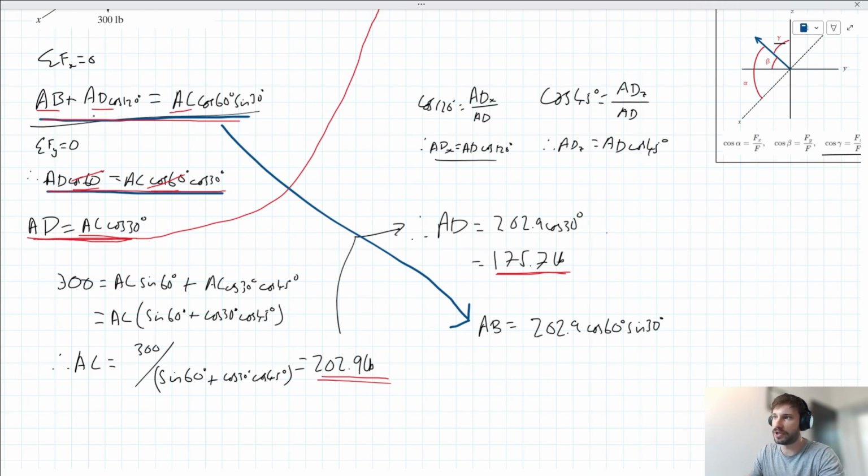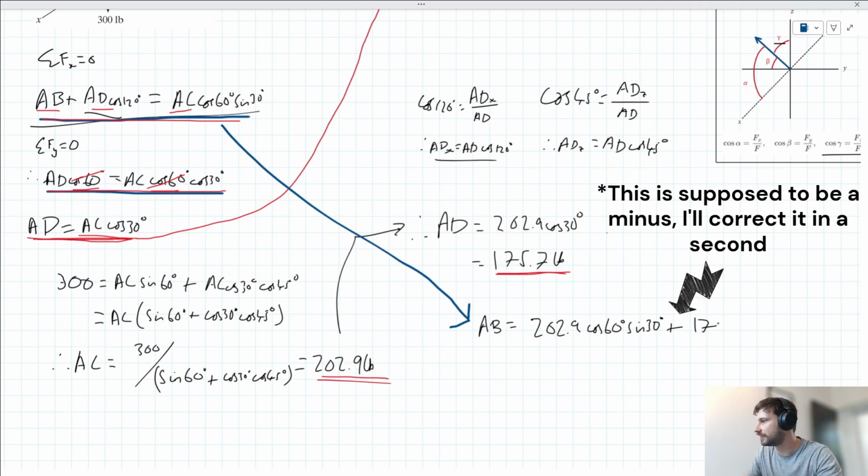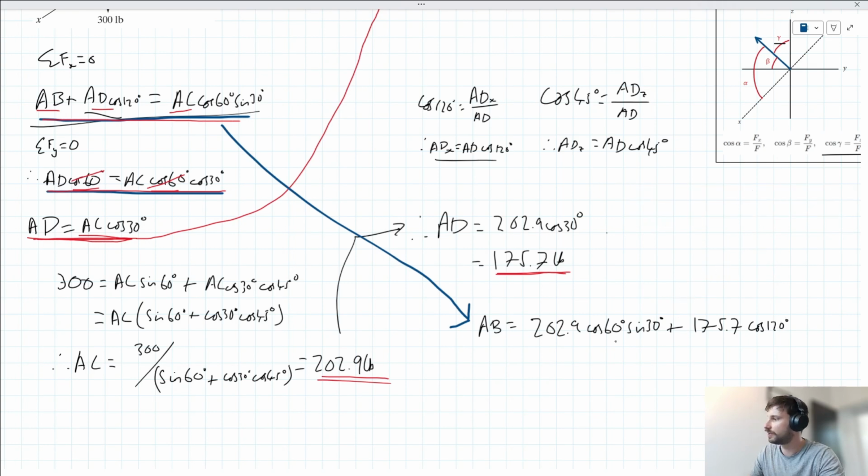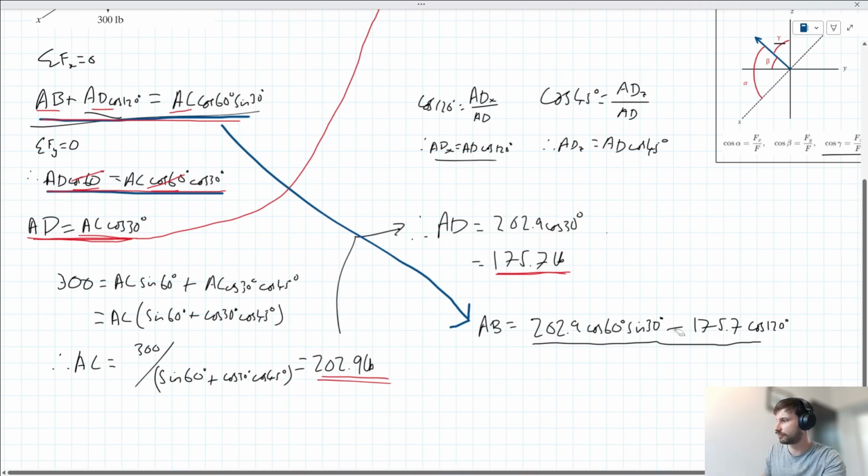And remember, we're subtracting this AD cos 120 from both sides. We know AD is 175.7 pounds, so we can say minus 175.7 cos 120 here. And we have a nice big sum here, which we can put into our calculator.